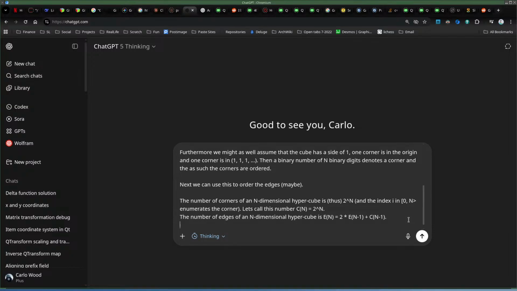Yeah, you can easily see this by constructing the hypercube. If you have an n-1 dimensional hypercube and you want to go 1 dimension higher, you just make a copy and you move it perpendicular to all previous dimensions over a distance equal to the length of the edge, and then connect all corners.